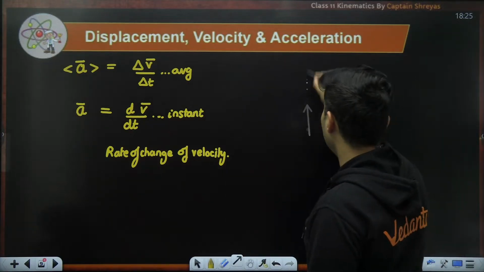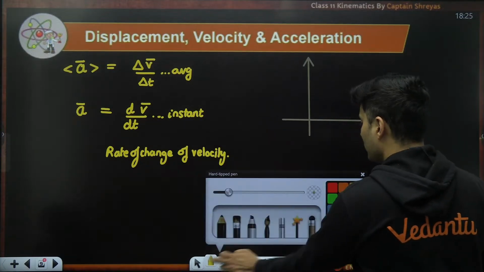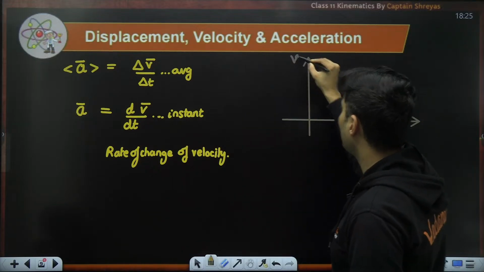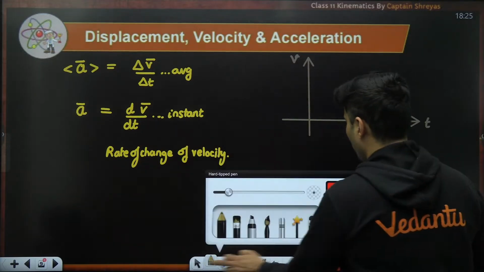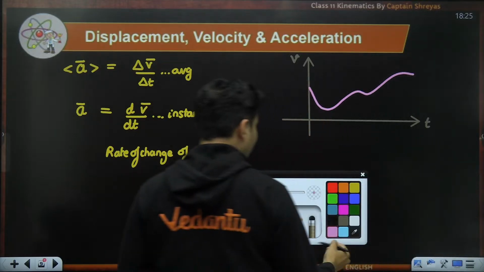Graphically, I have to look at the graph of the rate of change of velocity with time. So velocity here and time here, and I will just draw some graph of velocity with time.